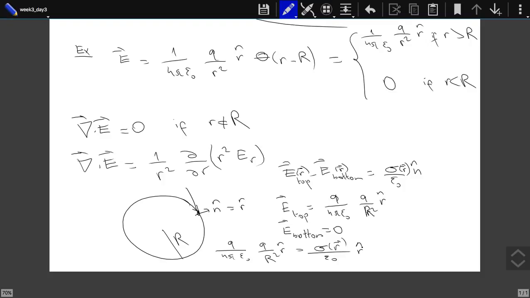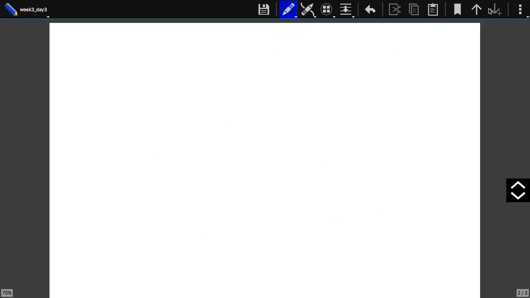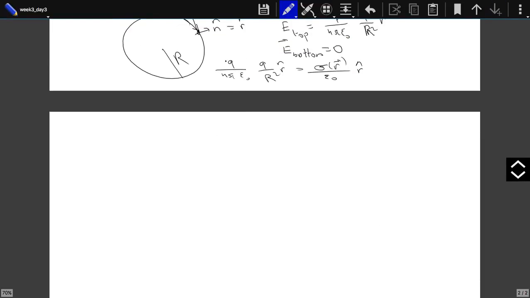So I have these two vectors that are equal, so their components have to be equal, or you can just multiply both sides by r hat. You cannot divide both sides by r hat. It's not allowed. But you can multiply both sides by r hat. And that would just give you, this is 1, sigma of R is equal to Q over 4 pi R squared.